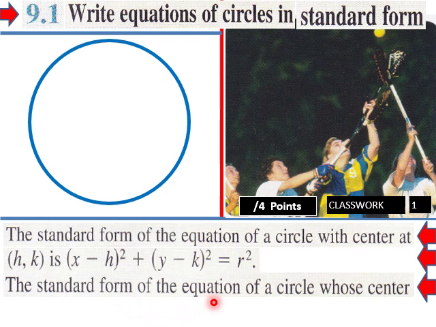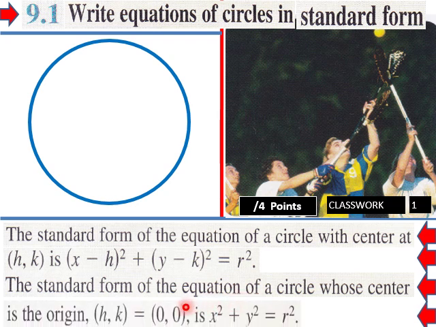So the standard form of the equation of a circle whose center is the origin, (h, k) equals (0, 0), is x squared plus y squared equals r squared.